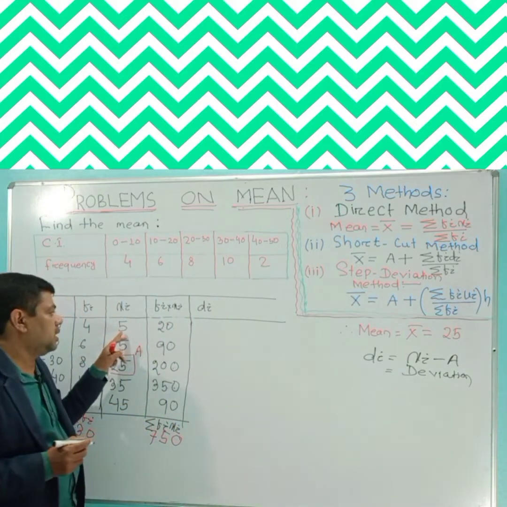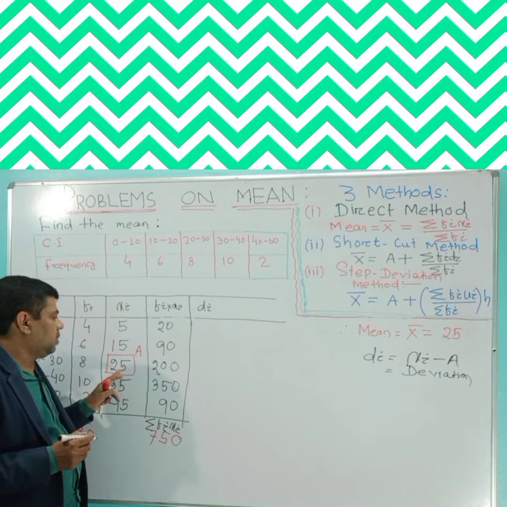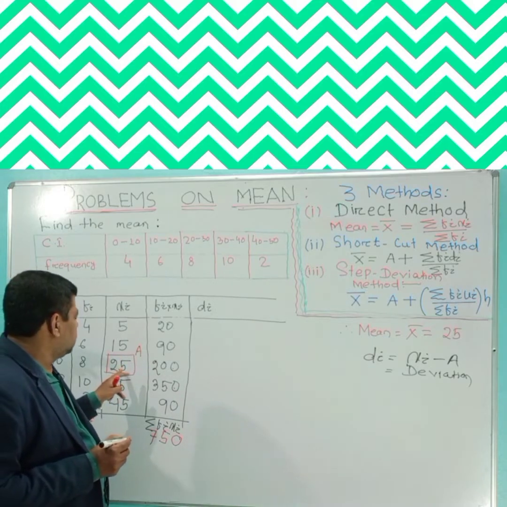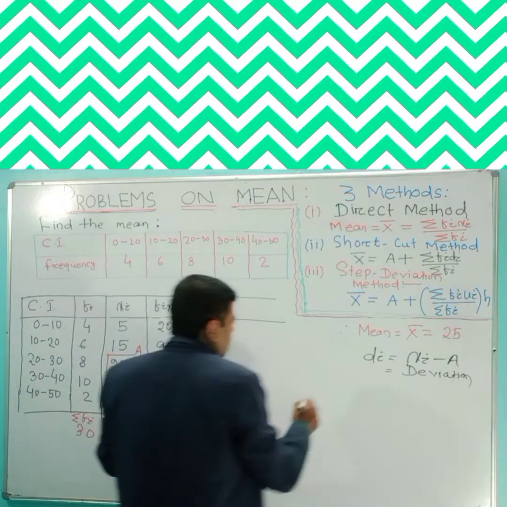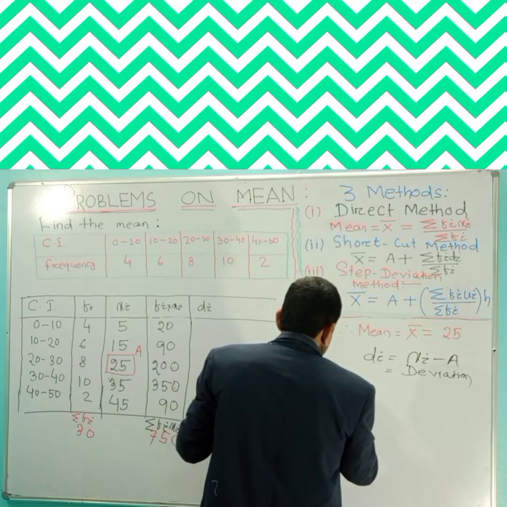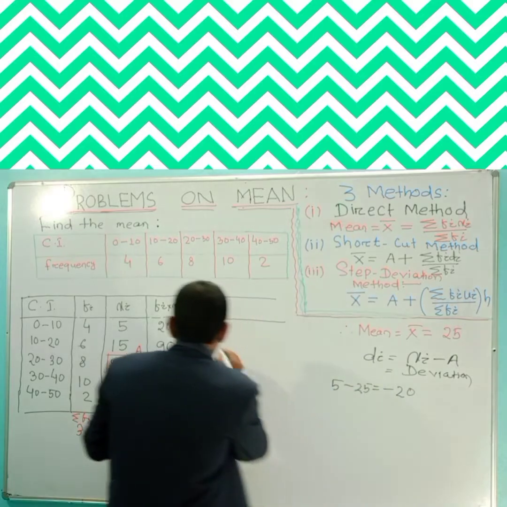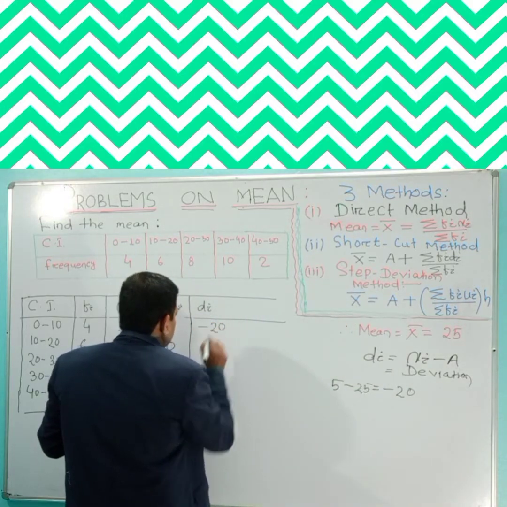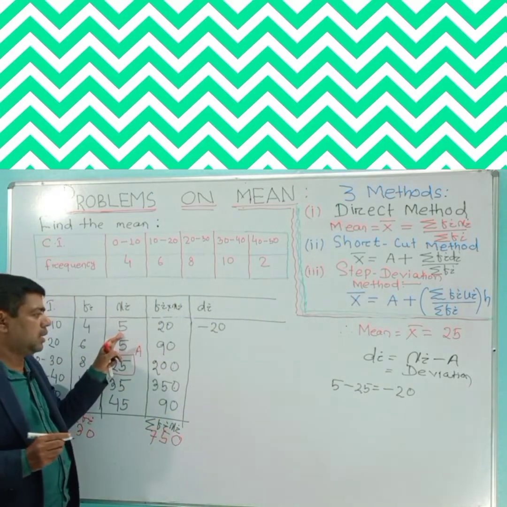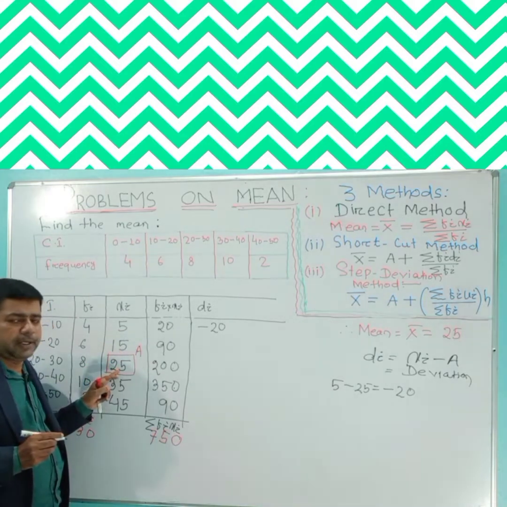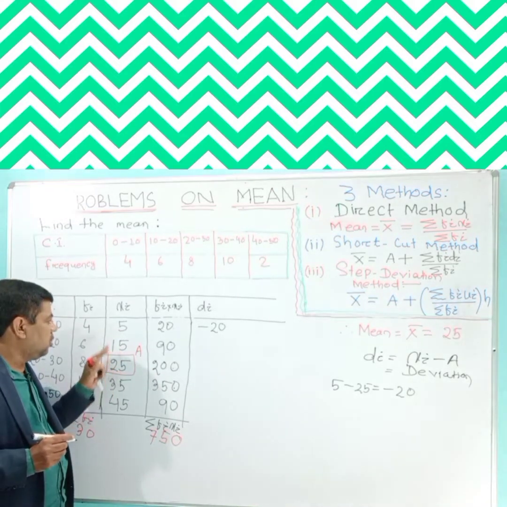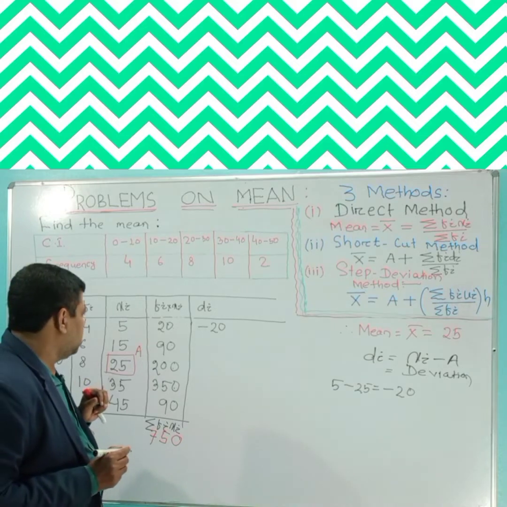Xi here is 5, and here we have taken a value 25. So 5 minus 25 is minus 20. So you can find out di value minus 20. Is it clear now?